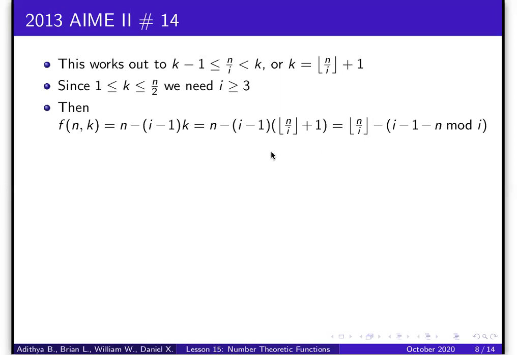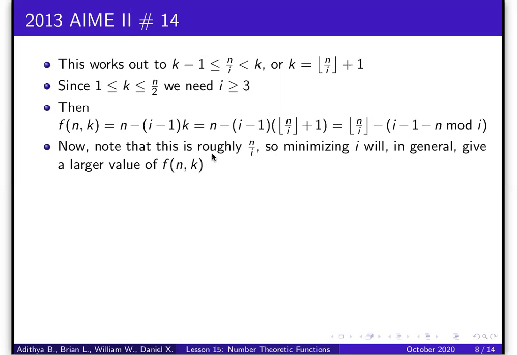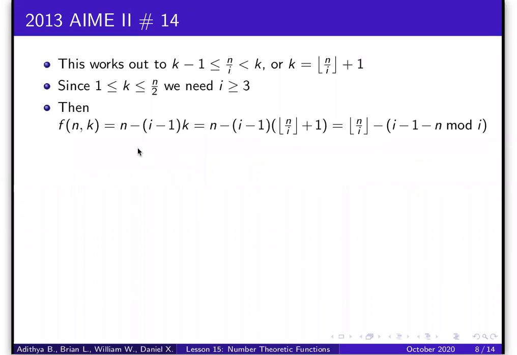And since i is at least 3, we just suppose... Why? So, there's a missing parenthesis here, but it's i minus 1 minus the quantity n mod i. That's basically because when we expanded this, we took n minus i floor of n over i, and then we added a copy of floor of n over i, and then there was that i minus 1 as well.